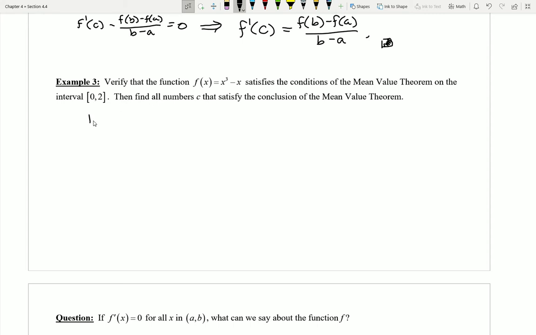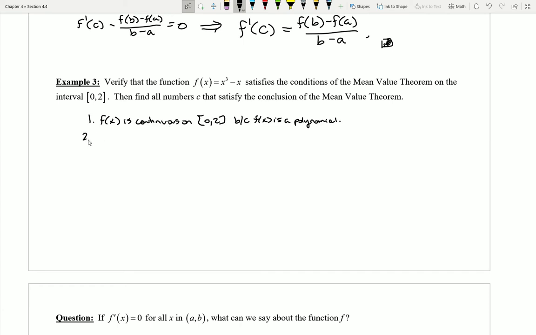Okay, so the first part here is rather simple. We can see that f of x is definitely going to be continuous on the interval from 0 to 2 because, again, I have my function here as a polynomial. So f of x is a polynomial.